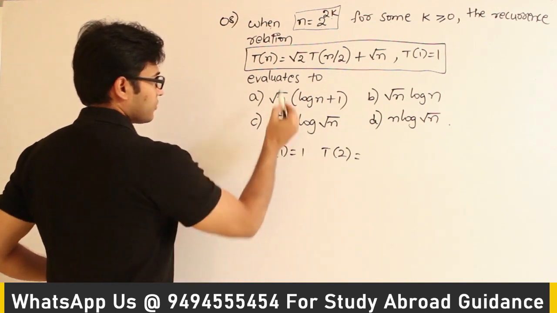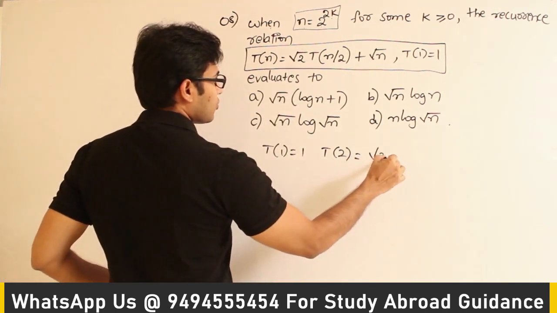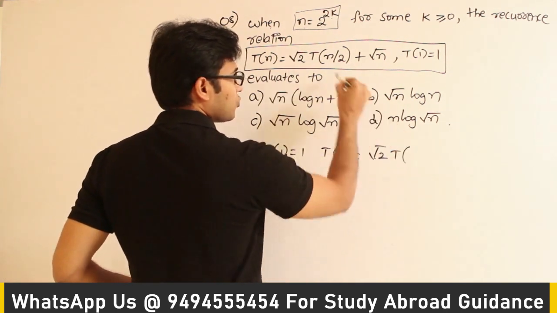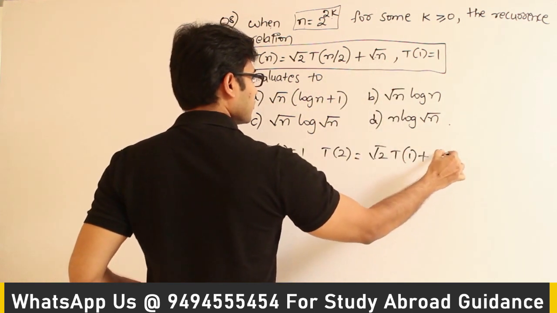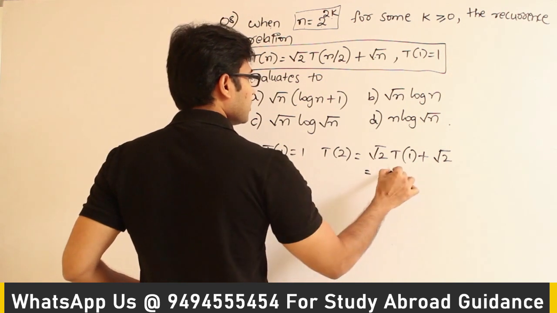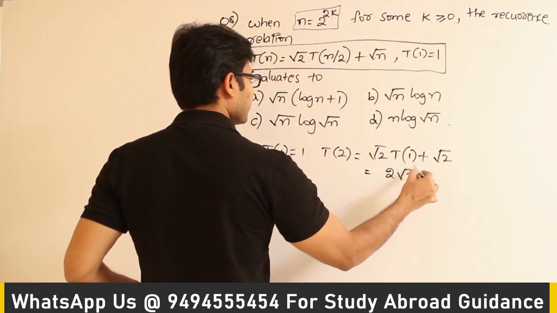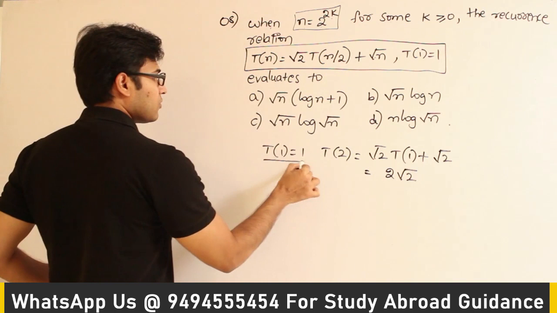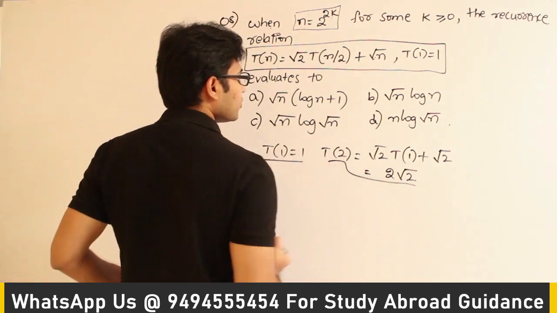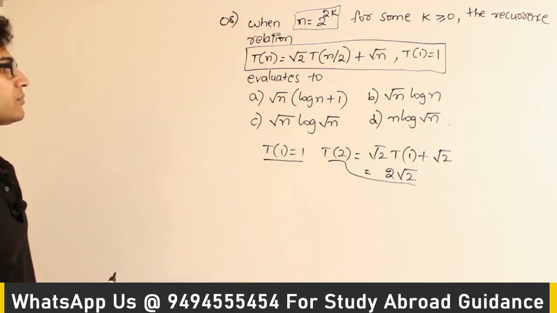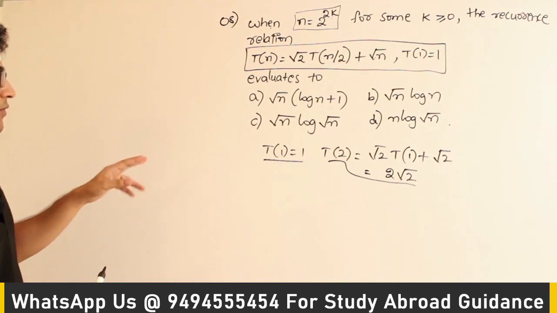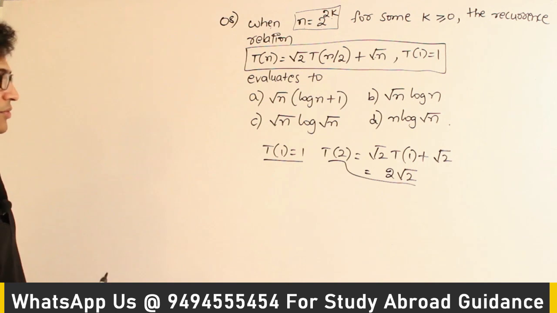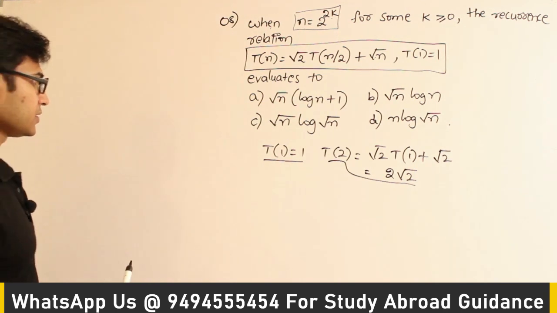T of 2 equal to, you can see this, root 2 into t of 2 by 2 is 1, plus, in place of n if you put 2, it is root 2. Then it is going to be 2 root 2, right? So t of 1 equal to 1 and t of 2 equal to 2 root 2. So these two values have to be satisfied by the options, and if any option satisfies them, then we can say that is the answer.